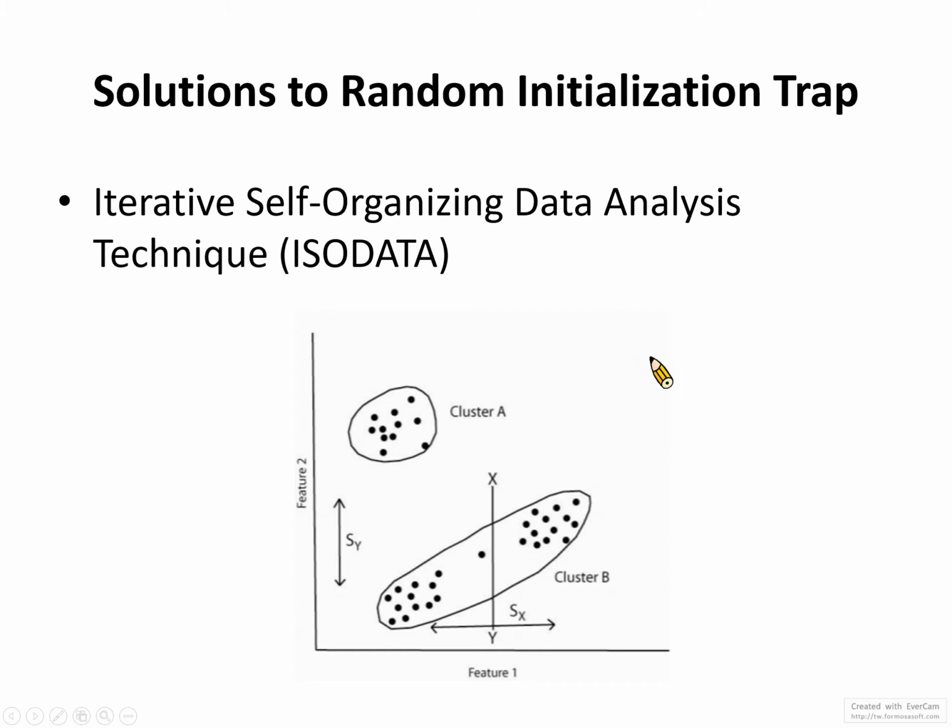So that is the solution to ensure that you have clusters with a quite homogeneous standard deviation of the distance. So that is the second solution. And I hope that you can understand these two concepts, and then you can find more resources on the internet yourself.